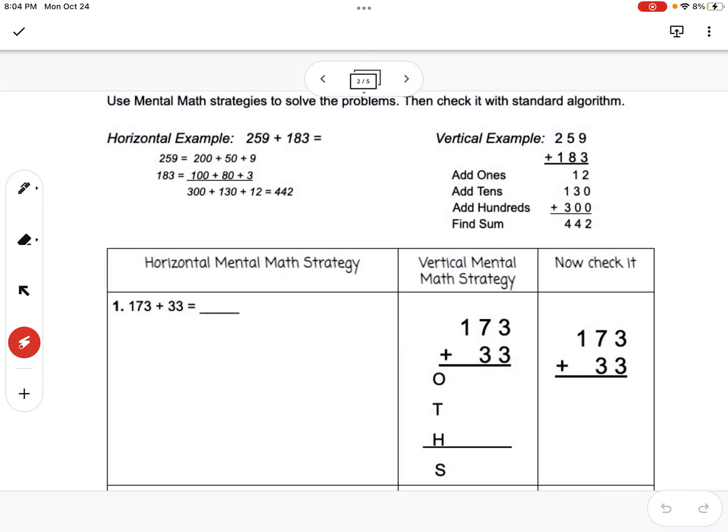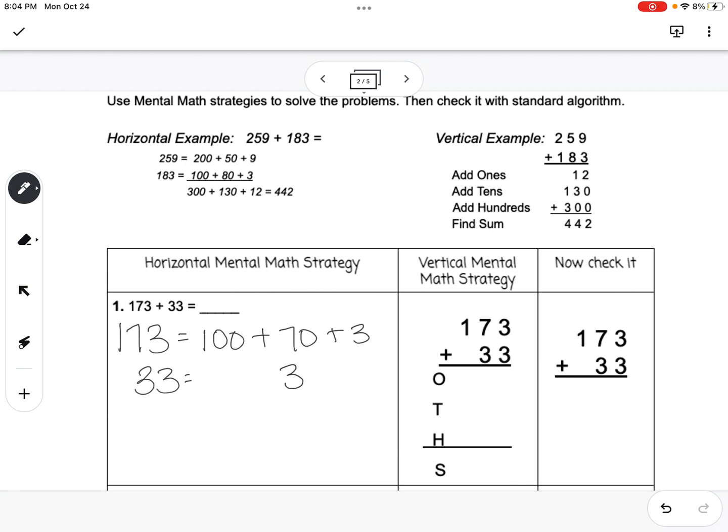All right, so starting with number 1, we are going to look at the problem of 173 plus 33 equals. So starting with my horizontal, I'm going to write out my numbers. So stretching 173 into expanded form, that's going to be 100 plus 70 plus 3. 33 does not have any hundreds, so it's just going to be 30 plus 3.